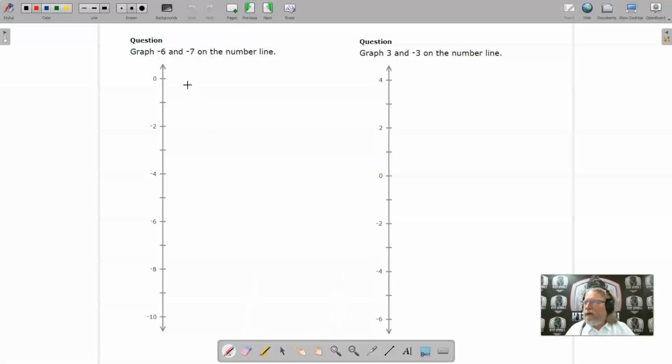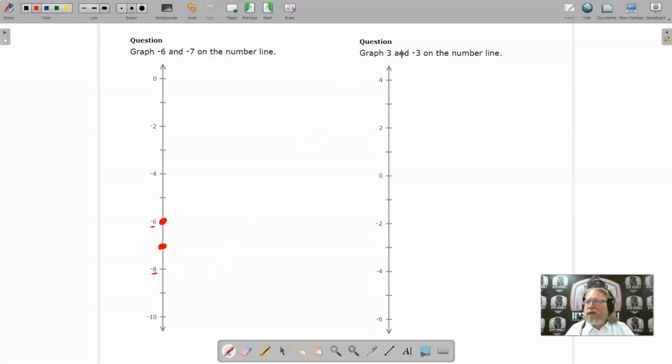So let's go ahead and do this one over here of -6 and -7. So as we start going down, we have -2, -4, well there's -6 listed right there for us, and then we would go one more to get to -7, because -7 is between -6 and -8.